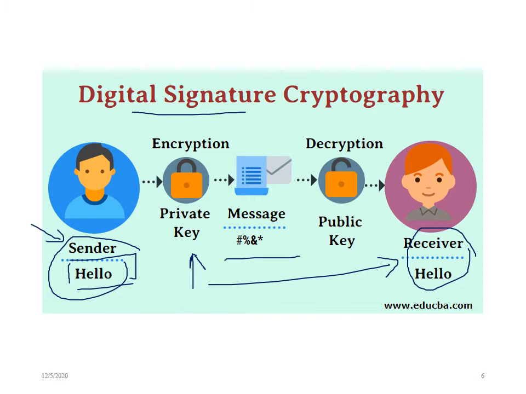We can use any signing or encryption algorithm for encrypting this message. At the receiver side, the encrypted message, the ciphertext, will be received, and with the help of the public key I do a decryption here, and the message is received as hello. This is how the digital signature procedure happens in cryptography.